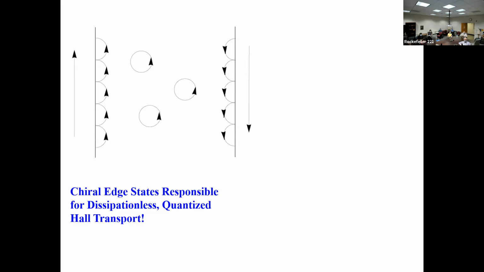Well, why are they quantized? That is where quantum mechanics, well, not full-fledged quantum mechanics, but a semi-classical quantization rule comes in. The number of these states is limited because the size of these orbitals is quantized. We know that, let's say in the lowest Landau level, this orbital has to enclose exactly one flux quantum.